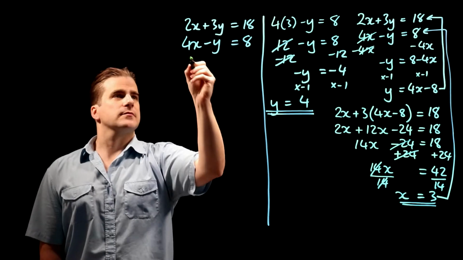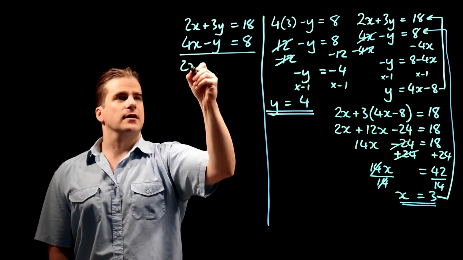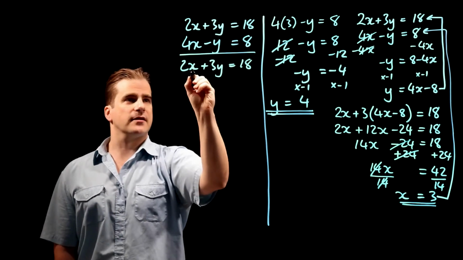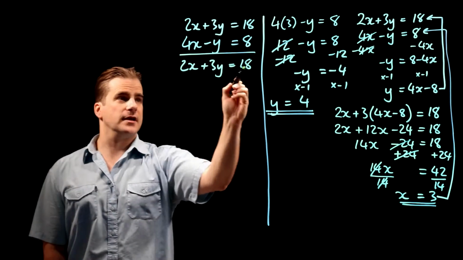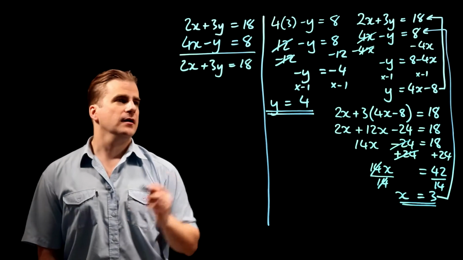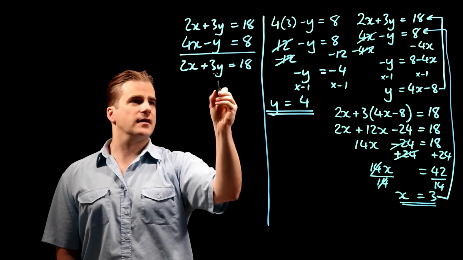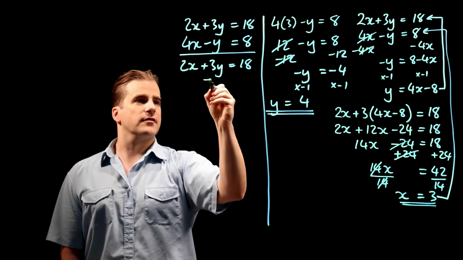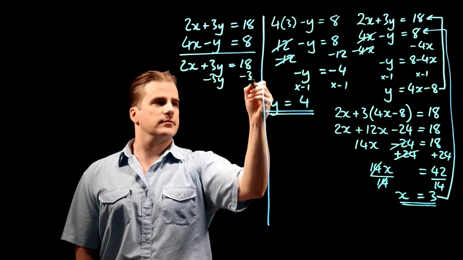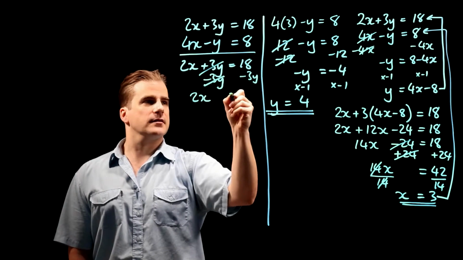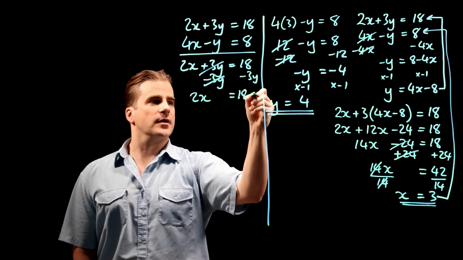So we've got, I'll just write it again here, 2x plus 3y equals 18. And we've got to make that x the subject of its equation. So get the x on one side and everything else on the other side. So let's take the 3y over there by subtracting 3y. So we get 2x equals 18 minus 3y.